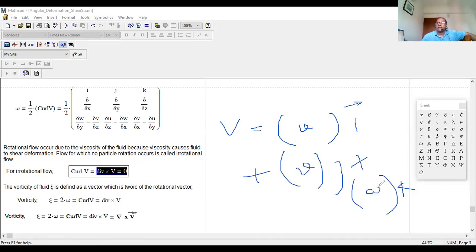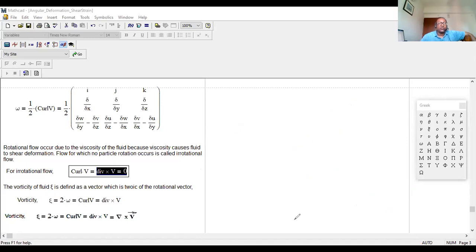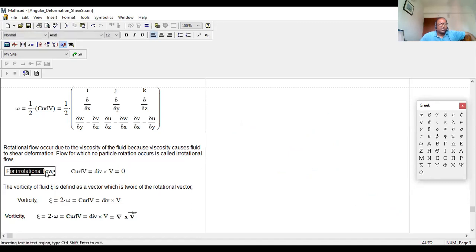Then if I say figure out whether the flow is irrotational or rotational, you figure out this vector. If it comes out 0, that means the flow is irrotational. If it is not 0, then there will be rotation or vortex in the flow. So if curl V is 0, then the flow is irrotational.